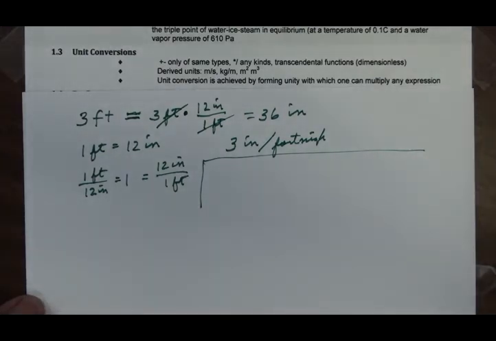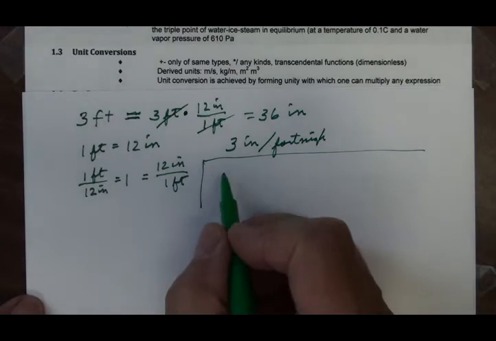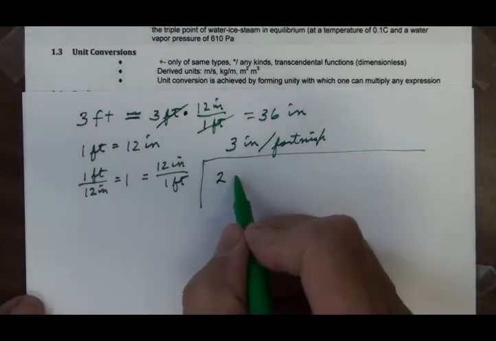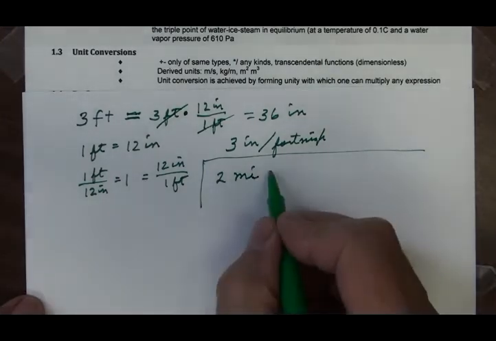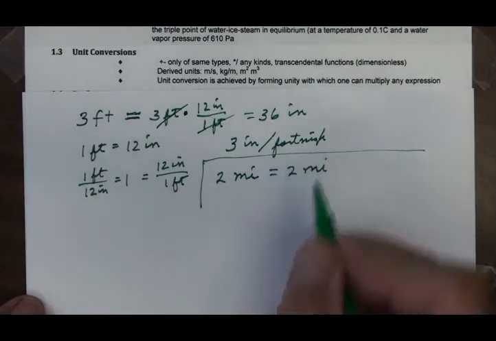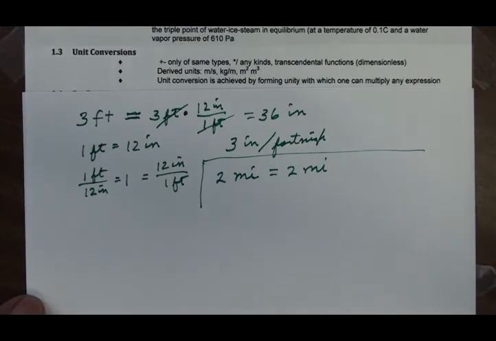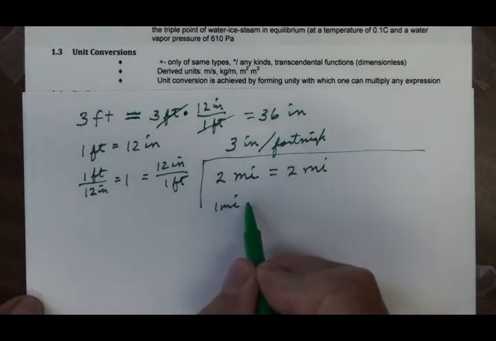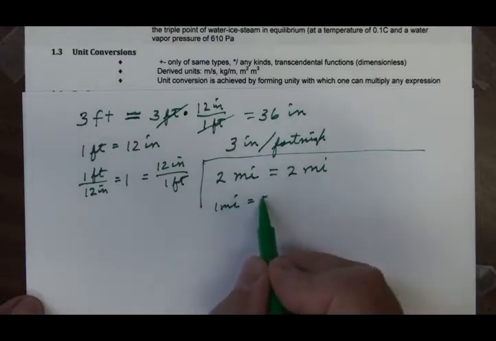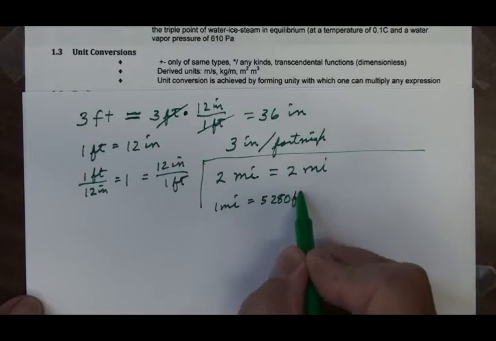Let's take a mile, or let's take 2 miles. Got 2 miles, and certainly 2 miles is equal to 2 miles. And we want to convert that over to inches. How would we do it? Well, we know that 1 mile is equal to 5,280 feet.